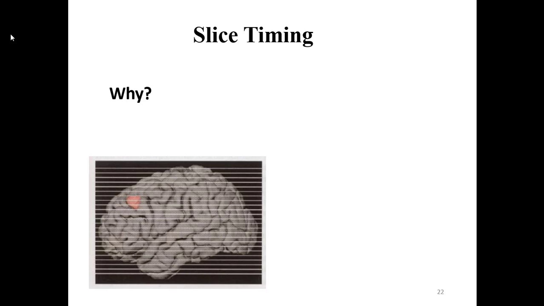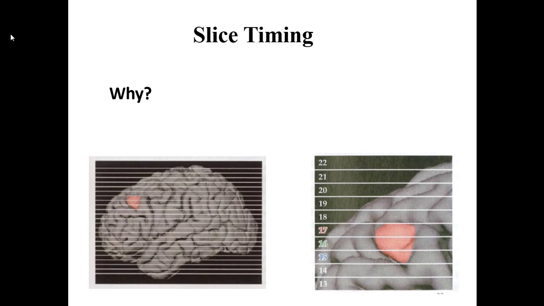Then we can think about, if we have this kind of problem, we can use interleaved scanning. For example, we scan the first slice, then the third, then the fifth, and come back to the second and the fourth. Then the gap is much bigger, so the overlap problem is less severe. But let's think about this.